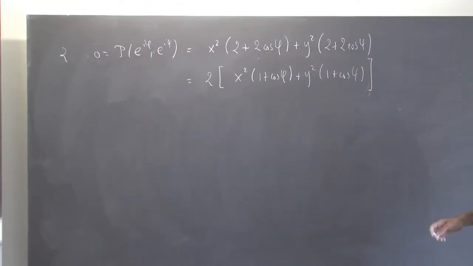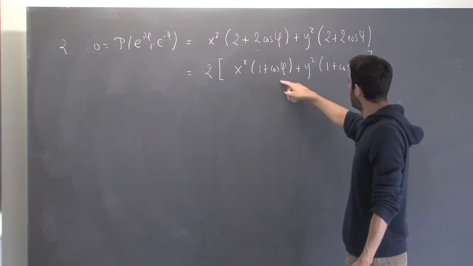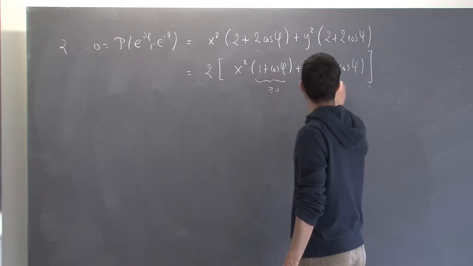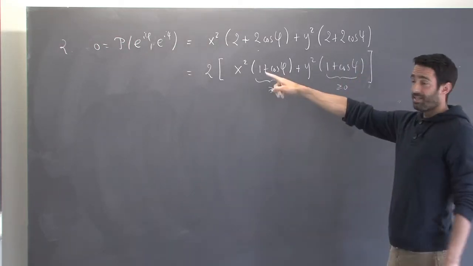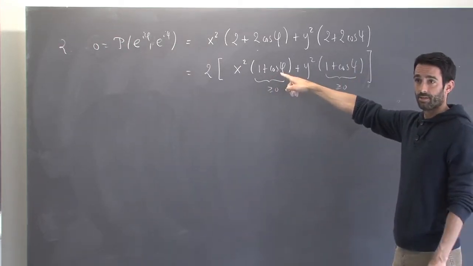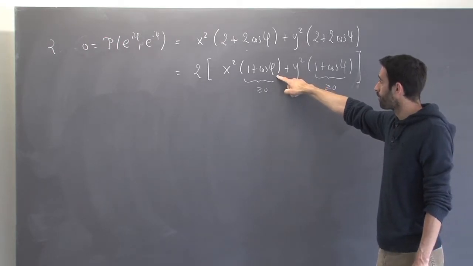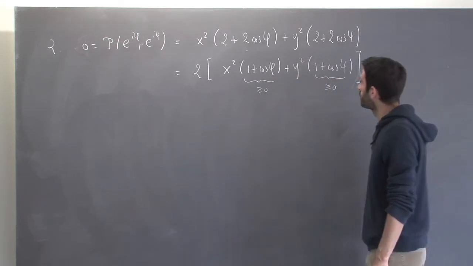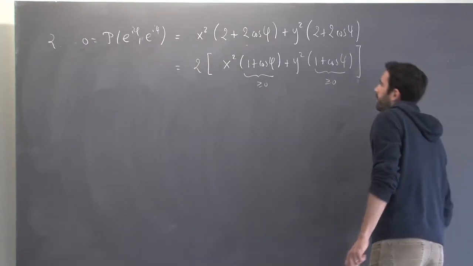So is it possible to intersect the unit torus, so to have a 0 here? Well, these are all positive terms. This is greater or equal to 0. This is greater or equal to 0. So you see there is a single intersection, and it corresponds to φ equal π and ψ equal π.